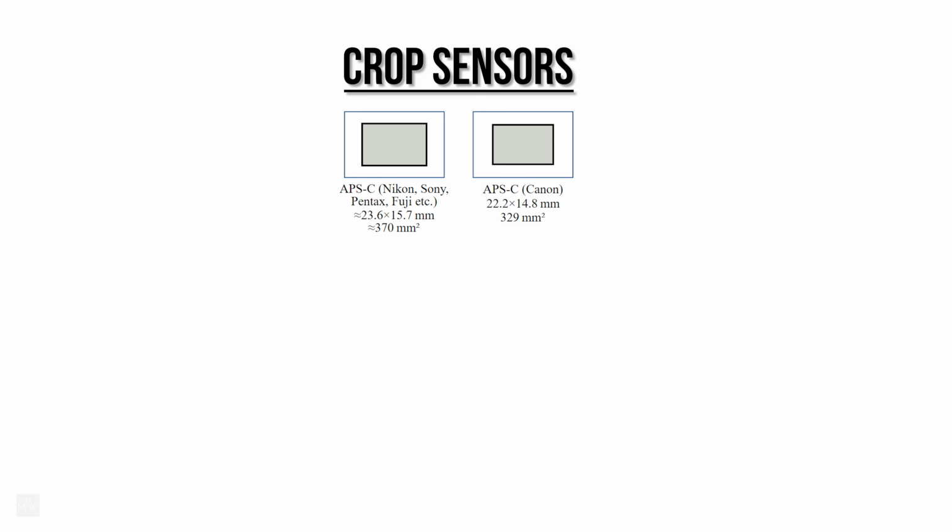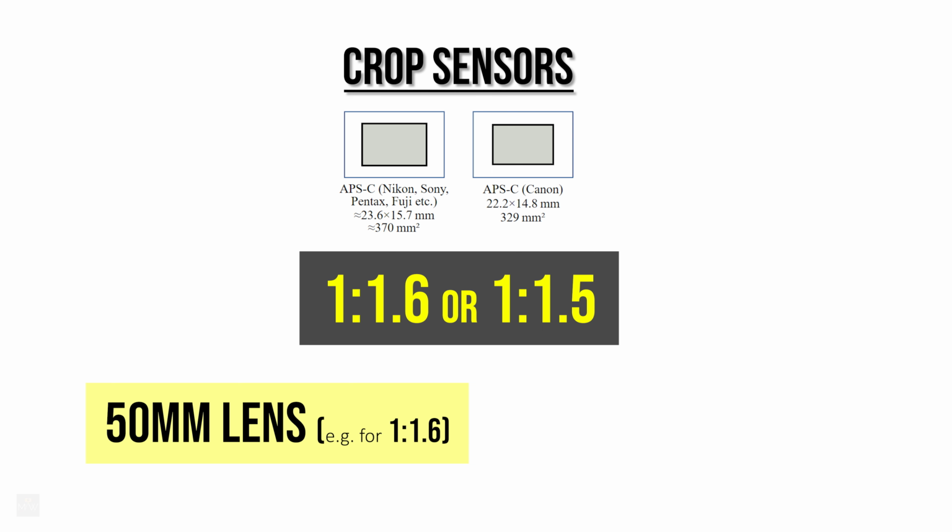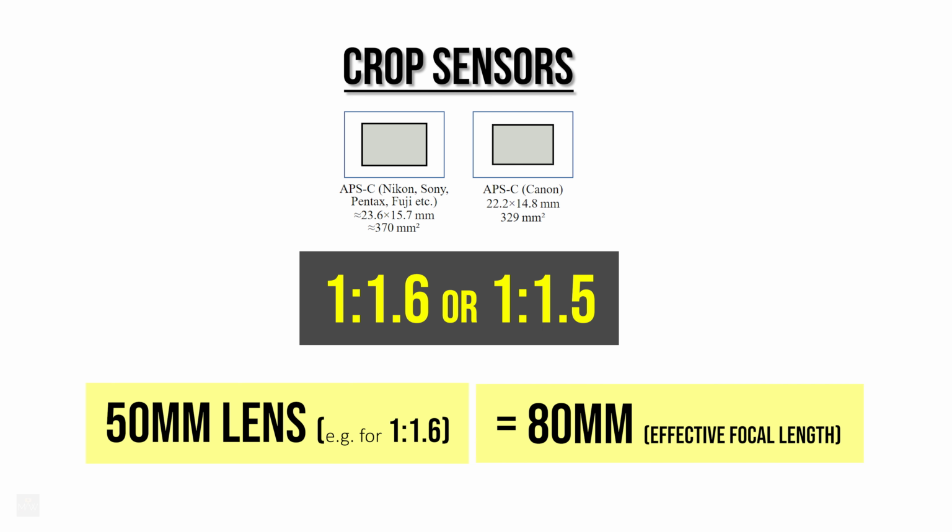While for crop sensors, depending on the camera brand you're using, it can be a ratio of 1:1.6 or 1:1.5, which means if you're using a 50mm lens, the effective focal length used by your camera will be at 80mm. In case you're wondering, our human eye field of view is equivalent to a 50mm focal length on a full frame sensor camera.